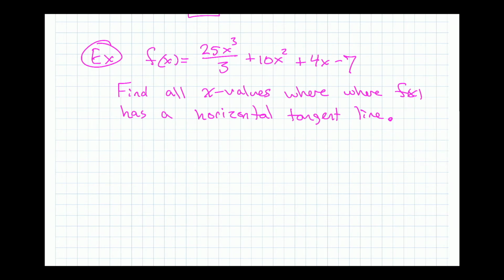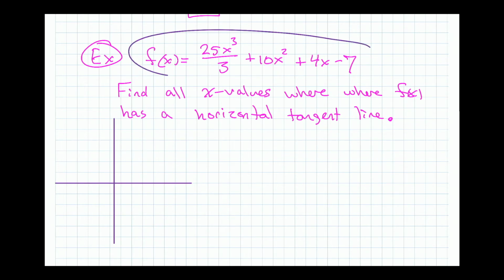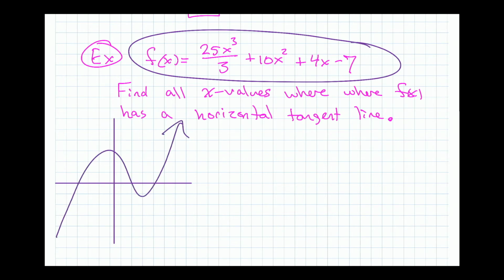So just thinking about this, what kind of graph is this? It's a cubic, right? Now cubics tend to look like this, right? There doesn't actually have to be a peak like this and a bottom like this, but there usually is on these.